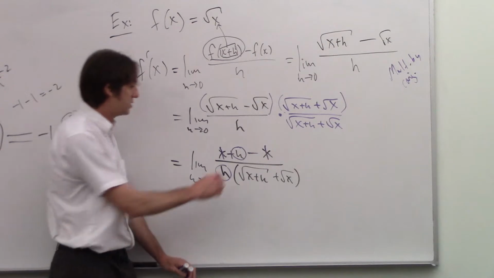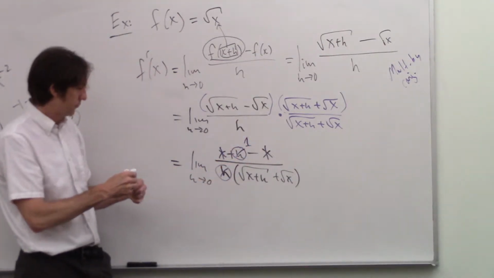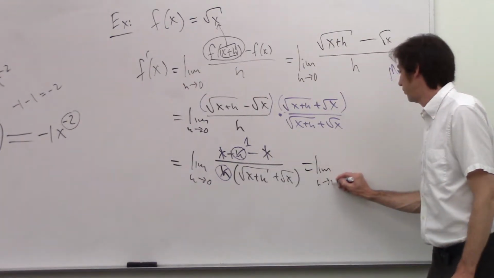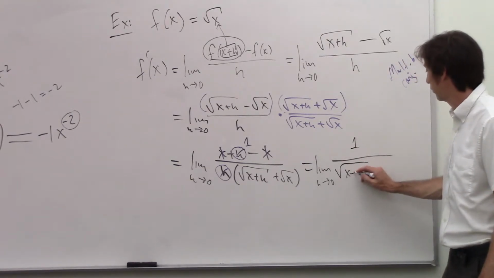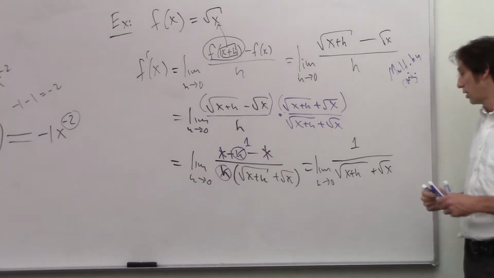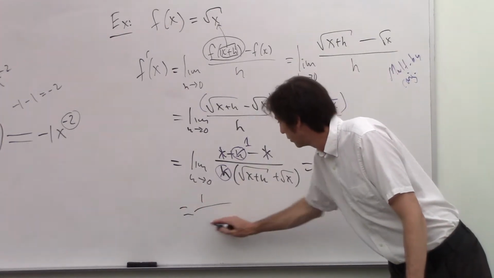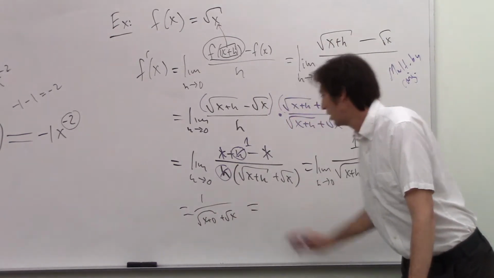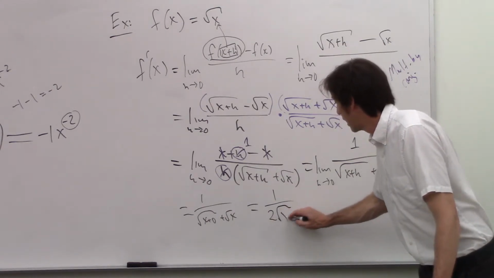At this point, those h's cancel, and I'm left with a 1 in the numerator. So I'm getting the limit as h goes to 0 of 1 divided by square root of x plus h plus square root of x. And at this point, I can plug in 0 for h. That gives us 1 divided by the square root of x plus 0 plus the square root of x. And so in my denominator, I'm getting 2 square root of x.